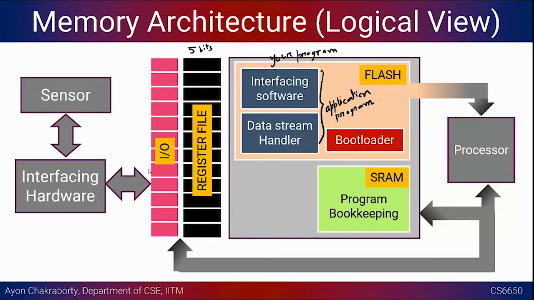Some of these could actually be used to configure even the interfacing hardware. Let's say this is an analog sensor, so the interfacing hardware could be an analog to digital converter, an ADC. There are certain things that have to be configured inside the ADC. We will later learn what those configurations are, in later classes, but they can be configured.